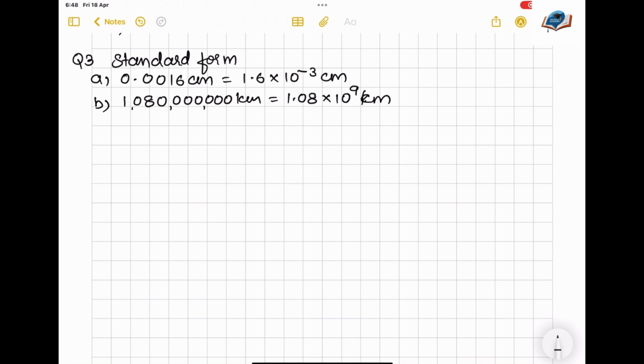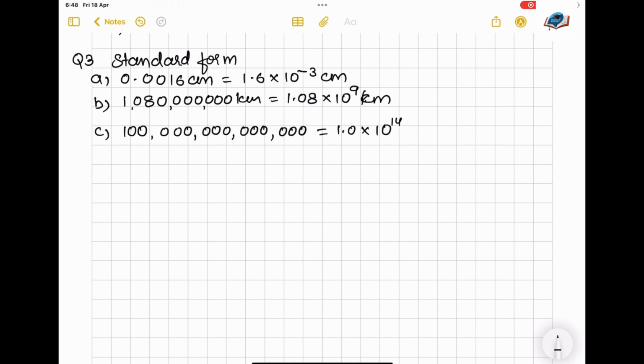Then C one is number of cells in human body, 100,000, again 000, again 000, again 000. So this will be 1.0 into 10 raised to 40.